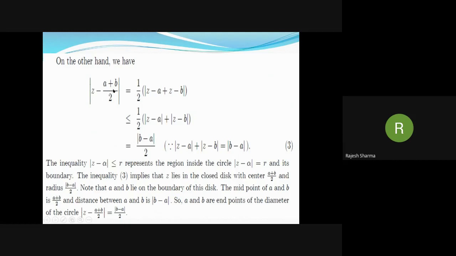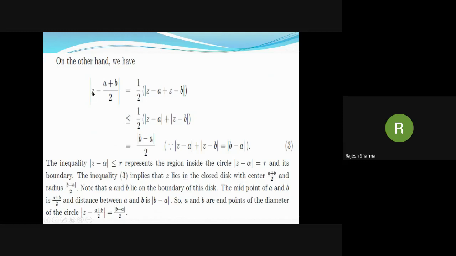So |Z - (A + B)/2| is less than or equal to |B - A|/2. What is this? This is a disk with center (A + B)/2 and radius |B - A|/2, and it is a closed disk.